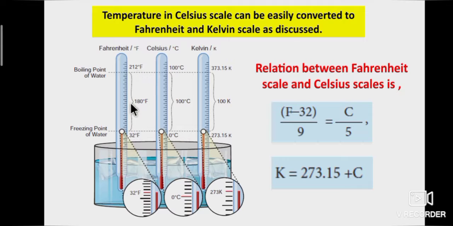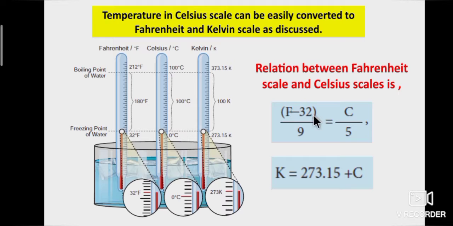So the difference between the boiling point and freezing point of water in the Fahrenheit scale is 180 degrees Fahrenheit. Celsius difference is 100 degrees Celsius. Kelvin difference is 100 Kelvin. Let's see the relation between the Fahrenheit scale and Celsius scale.